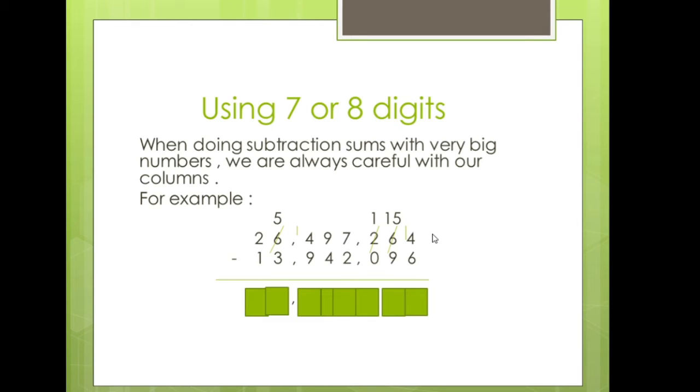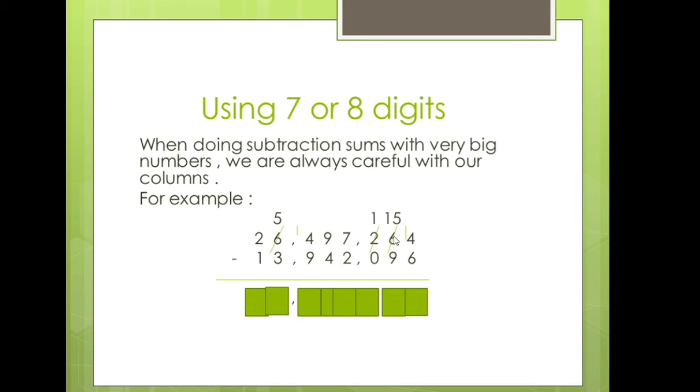Whenever you are dealing with subtraction questions, you have to check what the first number is. If the first number is bigger than the second number, we can work them out. But if the first number is smaller than the second number, I have to take one from the next column.